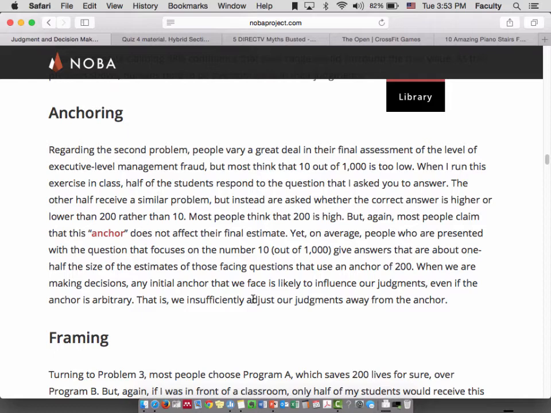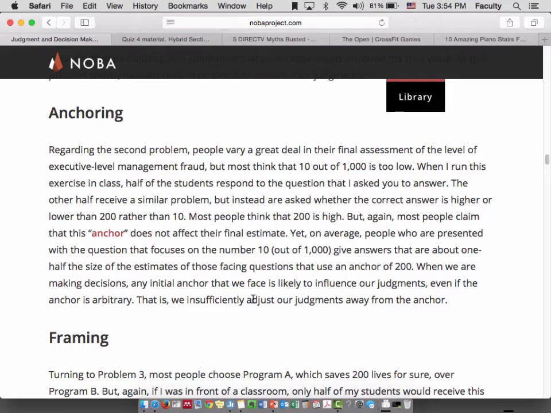And so for each of these, for anchoring and then for framing, you want to think about what is the judgment that we're being asked to do. And then think about what's the System 2 way of making that judgment. In other words, what's the correct answer? What's the right, the effortful, hard way to do it? And then what is it that we actually do? What's the shortcut?